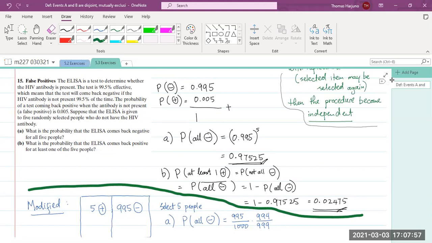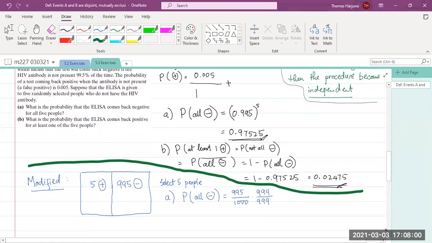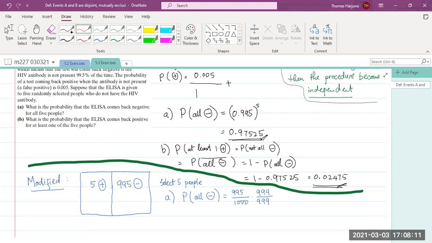Now, once we know how many people there are, let's say 995 of them tested negative, 5 of them tested positive, and we need to select 5 people, then the first one is 995 over 1,000, the second one is 994 out of 999, the third one is 993 over 998, and so on and so forth. Basically, this is what we compute.